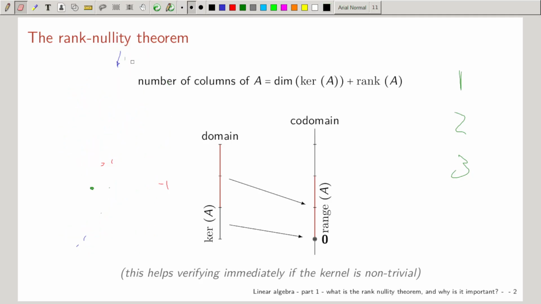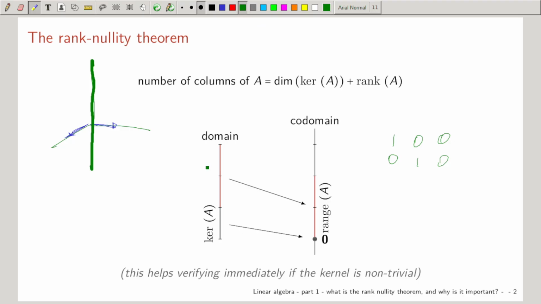Let's make an example. Let's make a numerical example. Let me construct it so that we are in good shape. 1 0 0 1 0 0. In this case, we have T1, T2, kernel.